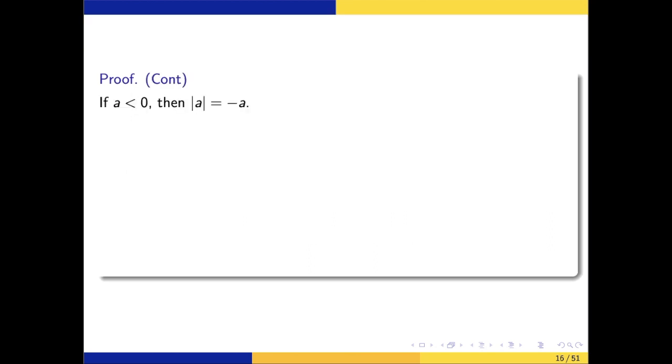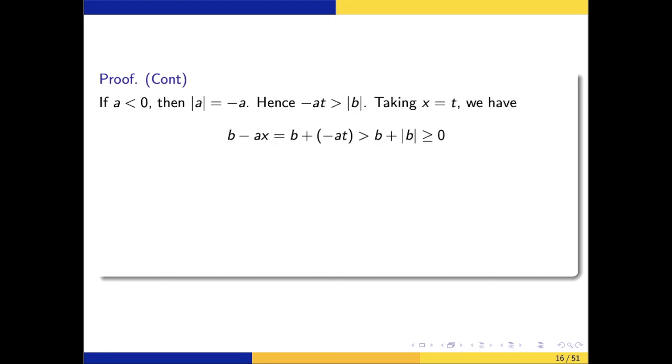If a is negative, on the other hand, then we have |a| equals negative a, hence negative at is greater than |b|, and now we take x equal to t. Whence we arrive at b minus ax equals b plus negative at, which is greater than b plus |b|, which is non-negative. So b minus at is an element in R if a is negative.